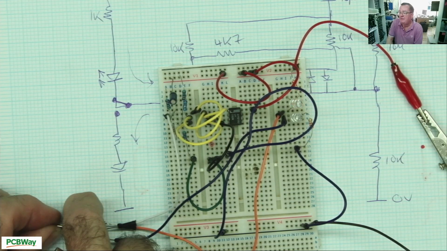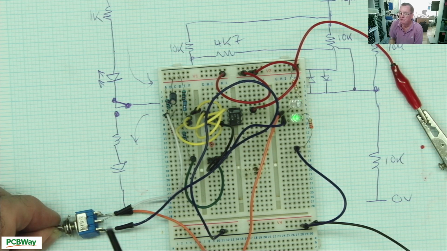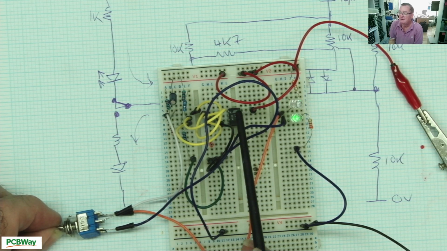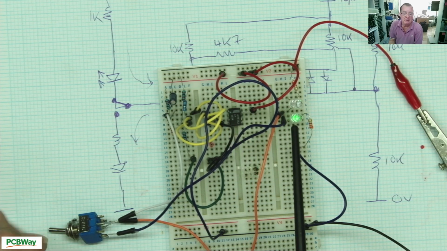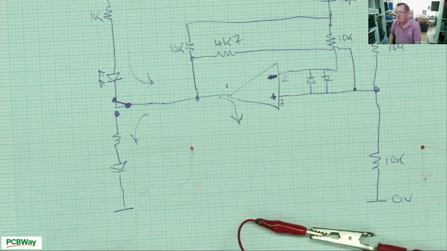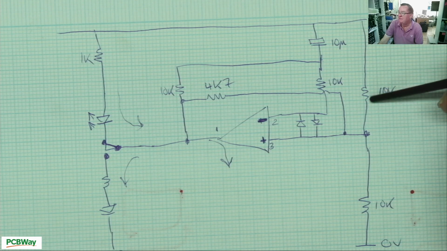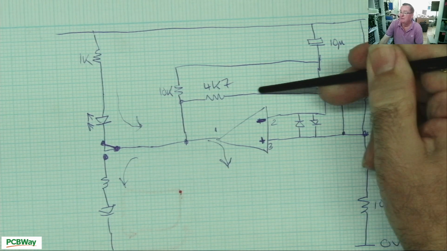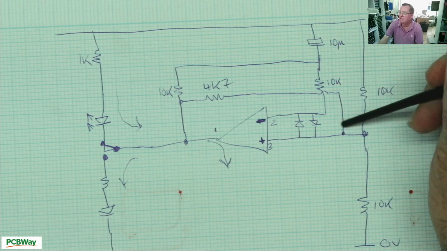Why does the green LED come on and stay on dimly when I switch the switch the other way? Because it looks like the output here, pin 1, is now providing current. But we know it can't do that. And in fact it isn't doing that. But we do have a current path. So via this 10k resistor and this 4k7 to the output, we have a connection from VCC.